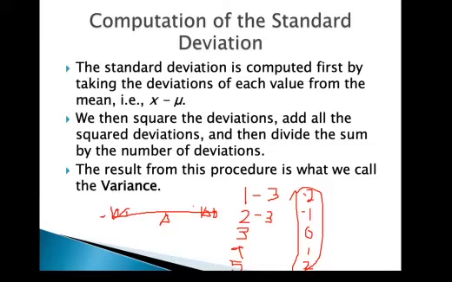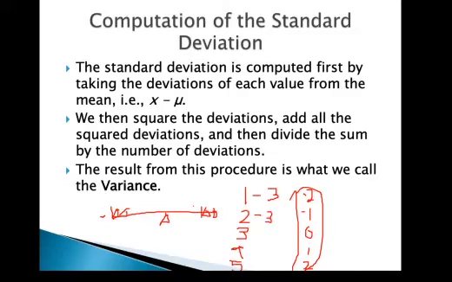And so the sum of the deviations from the mean is equal to 0. And because the sum of the deviations from the mean is equal to 0, we cannot get the average deviation from the mean.